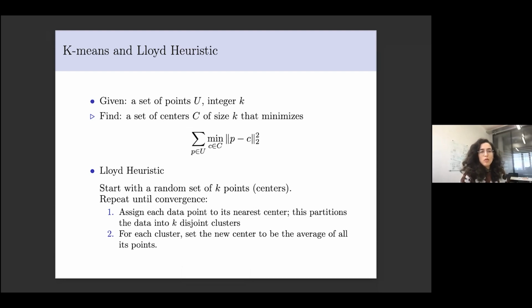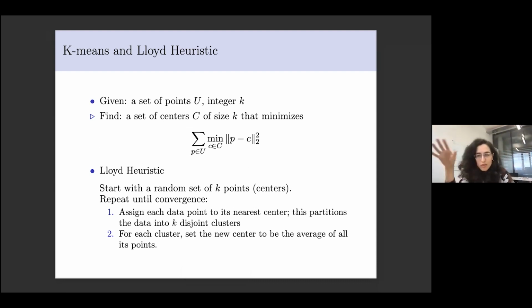Okay, so if you don't know what k-means is, probably this is an important slide. We are given a set of points U and we want to cluster it into k clusters, right? So we want to partition your data into k disjoint subsets. And how do you want to do this clustering? The k-means objective says that you want to find a set of k centers.